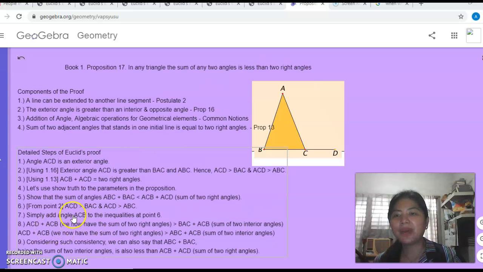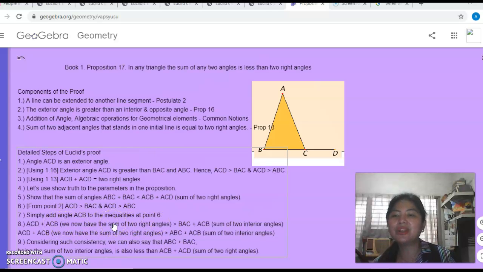So we now have ACD plus ACB, and this operation here is actually the sum of two right angles, right?